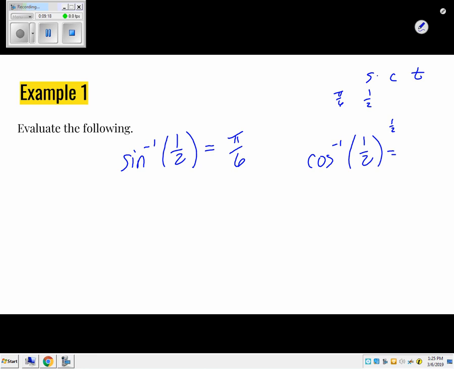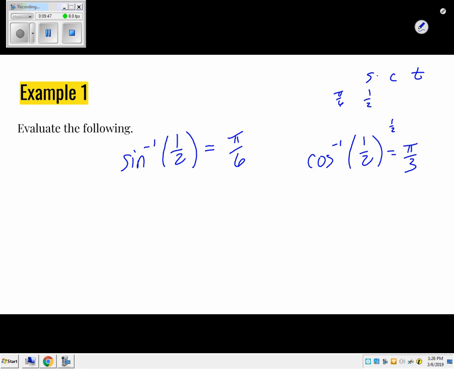It's positive, so therefore anything I take an inverse of and it's positive, I'm going to get from what quadrant? The first, every time. Every time. So what will be the inverse of this? Pi over 3 out of the first quadrant.